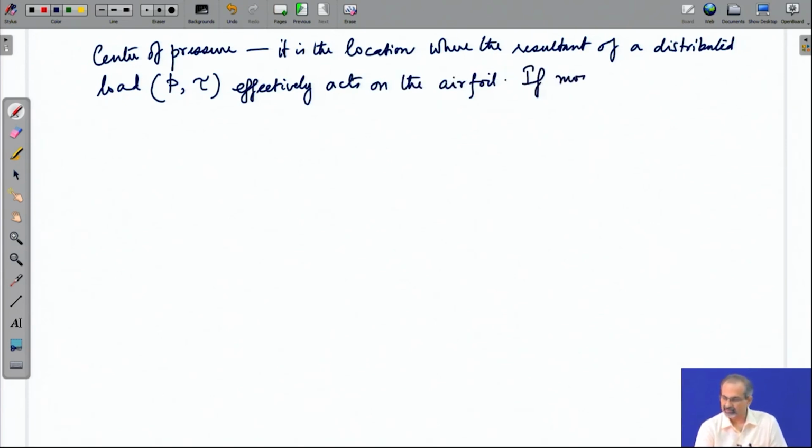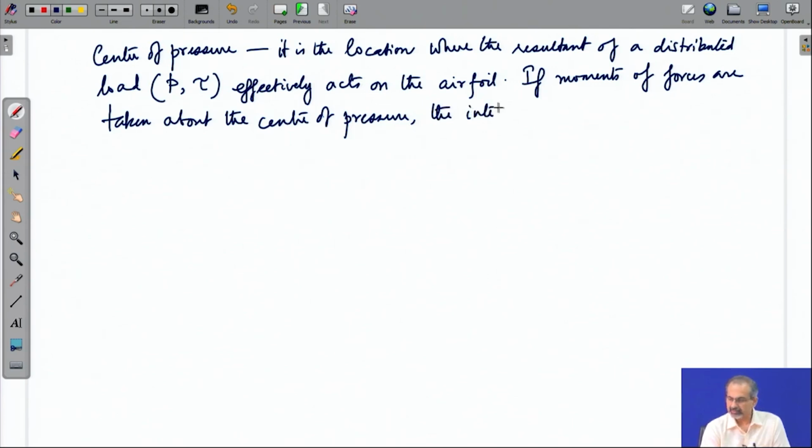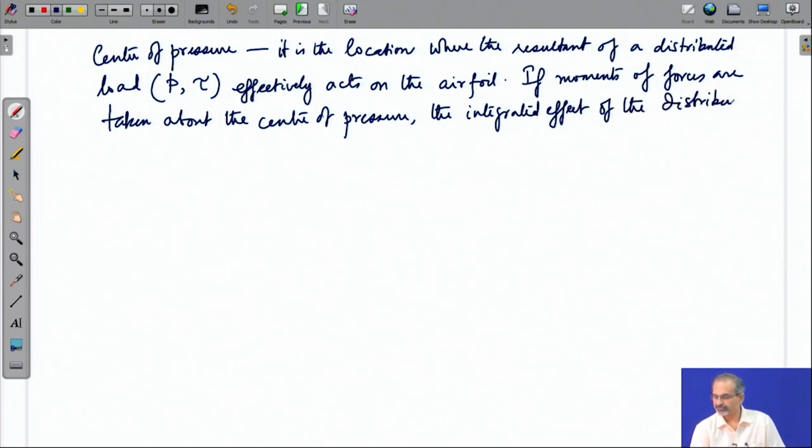If moments of forces are taken about the center of pressure, the integrated effect of the distributed loads would be 0.